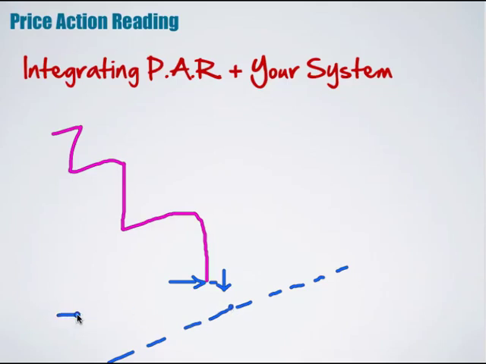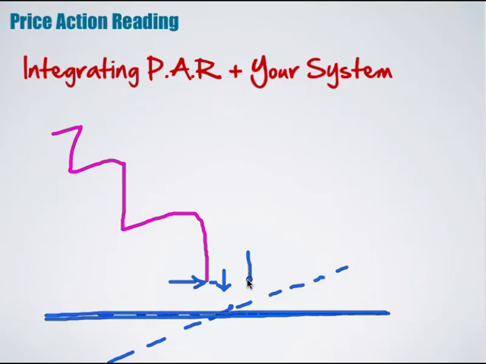The same would hold true if that was a horizontal level of support and resistance. Let's make it a horizontal level just for the sake of discussion. So effectively you have support immediately below what would be your theoretical entry point, as per your system's rule.